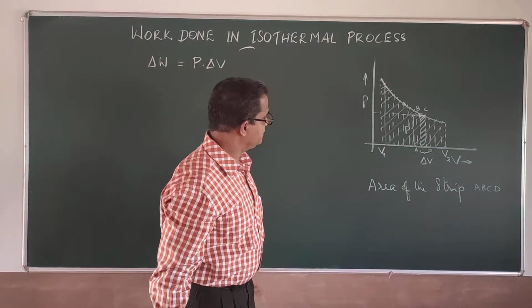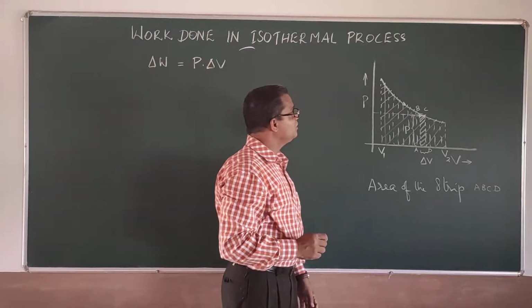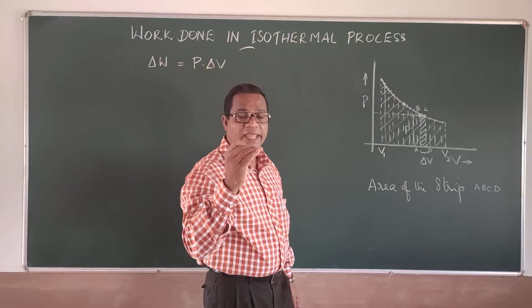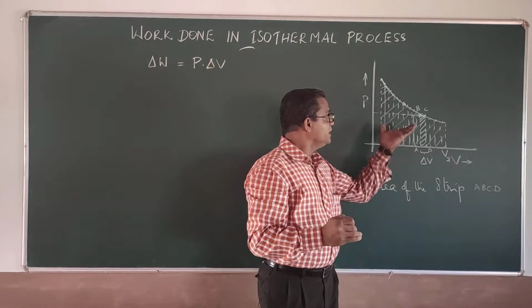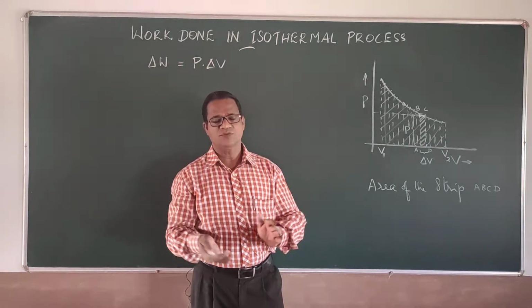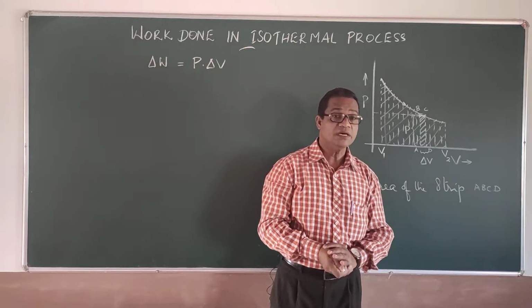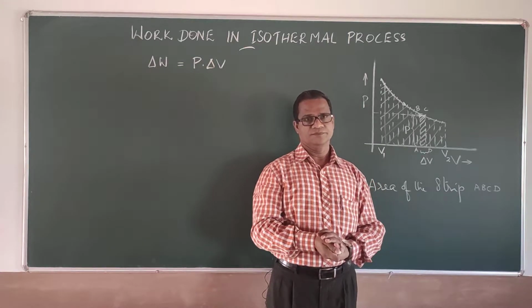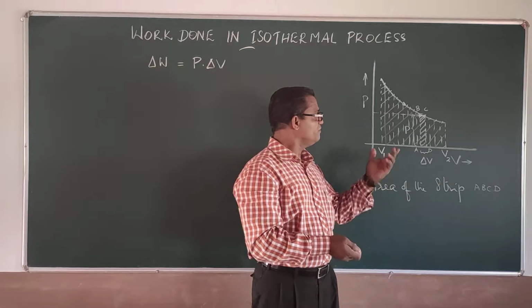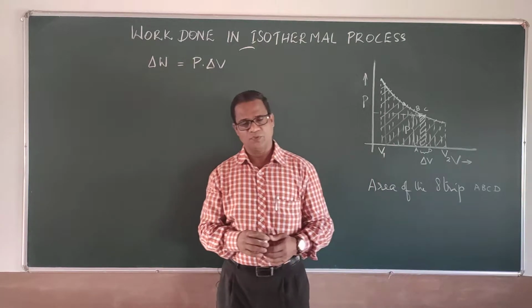So effectively I can say the work done in an isothermal process is equal to the area under the indicator diagram for that process. It's a generalized form. This is one way of finding the work done in an isothermal process.